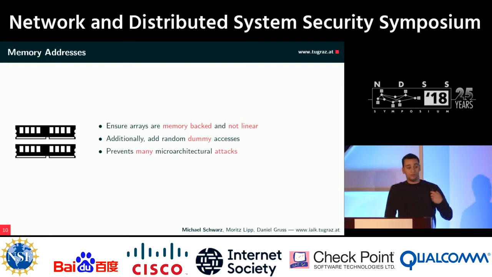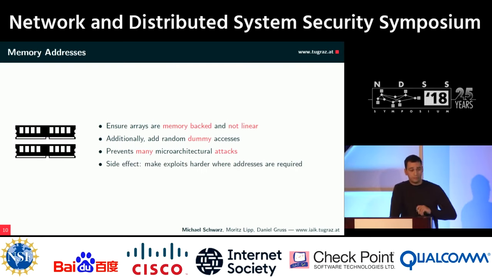This already prevents many microarchitectural attacks that require exact timings for memory accesses or linear memory. It also has a nice side effect: if we don't have linear arrays anymore, then we cannot deduce anything about the virtual addresses, and virtual addresses are often also used for browser exploits, so that makes them a lot harder too.